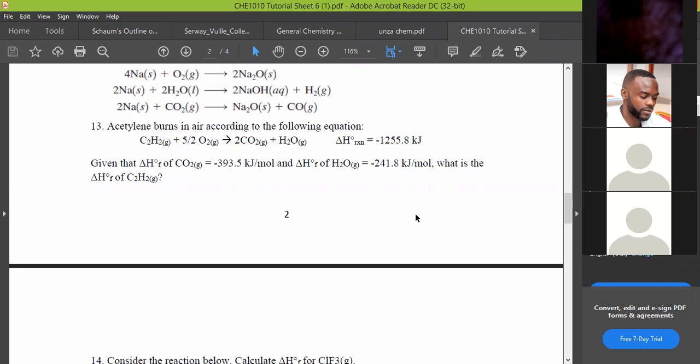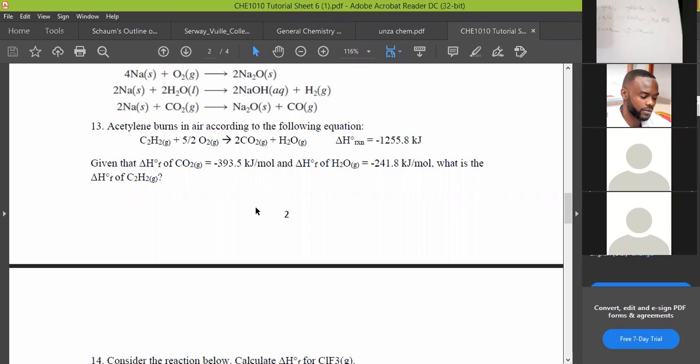Now here, this question is straightforward and very interesting. Remember, when you are calculating the enthalpy of a reaction, what we write is the change in enthalpy of reaction is equal to the sum of the change in standard enthalpy of the products minus the sum of the change in standard enthalpy of the reactants.